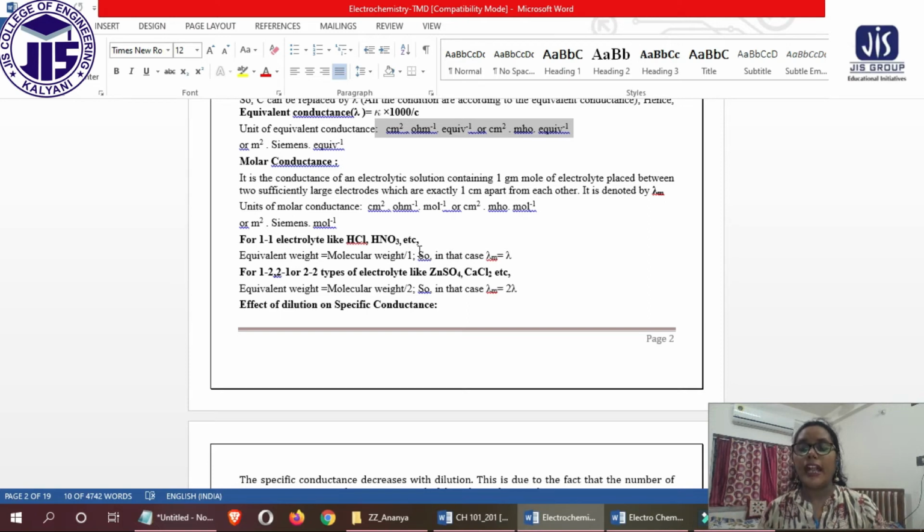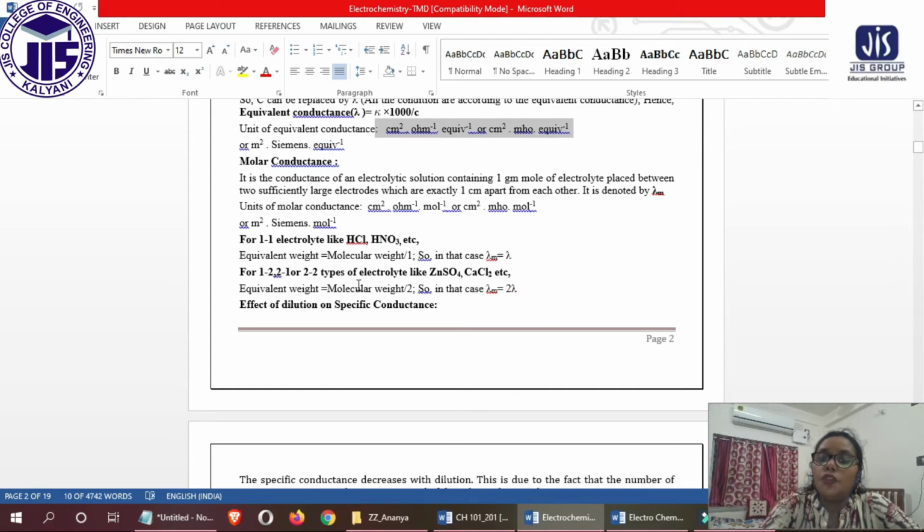Complete dissociation takes place. The equivalent weight in this case equals the molecular weight, because they are HCl, HNO3. So in this case the molar conductance equals the equivalent conductance.